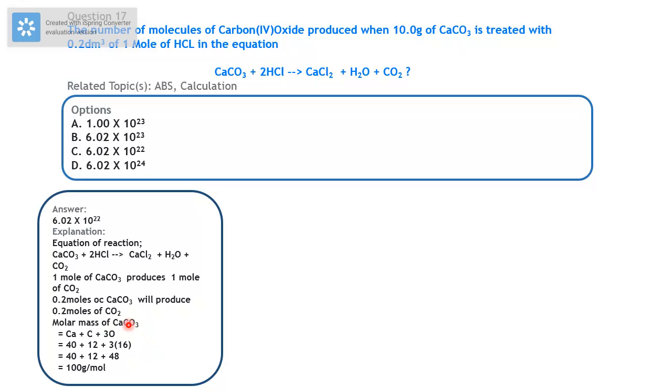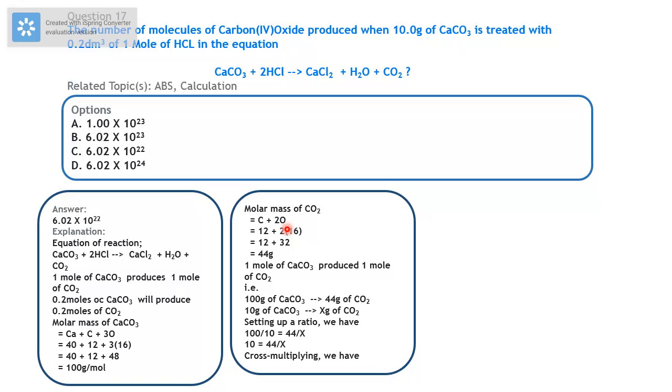So we add up the atomic masses of these elements in the compound. Calcium is 40, carbon is 12, plus oxygen is 16, but we have 3 of it here, so 3 times 16. So we have 40 plus 12 plus 3 times 16, which is 48, and that gives 100 grams per mole. That means 1 mole of calcium carbonate is 100 grams.